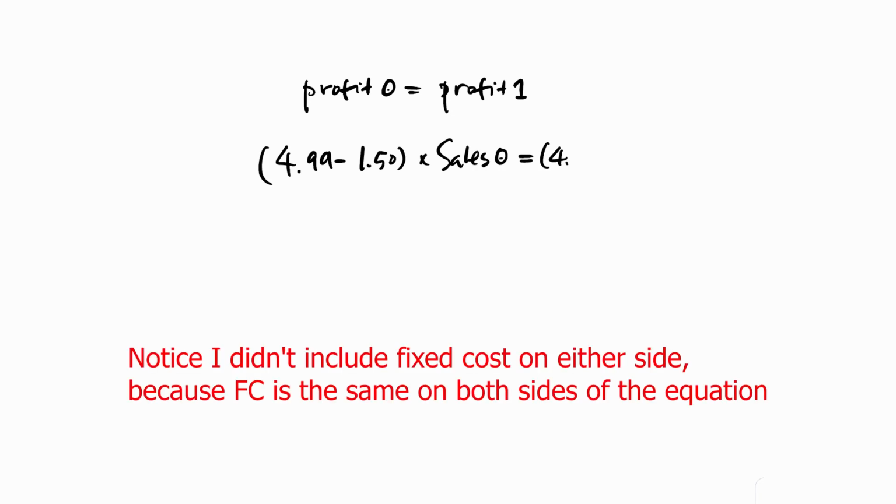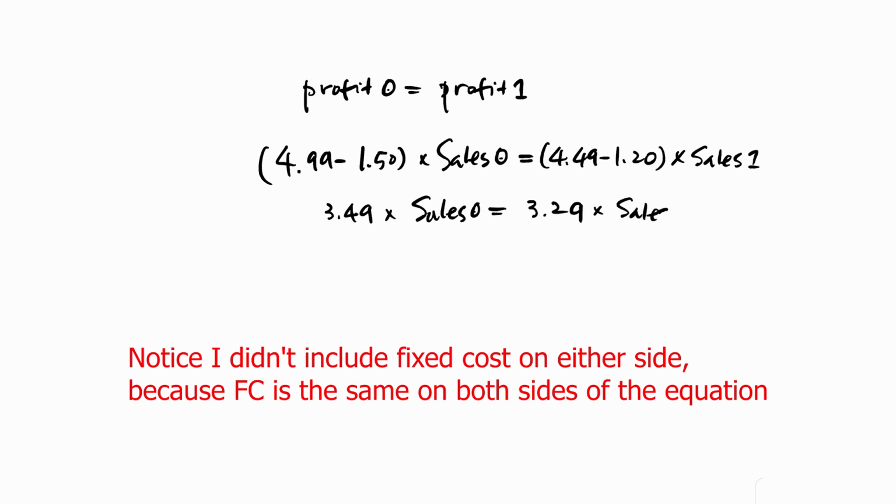The calculation is very similar to the previous example we have. So profit 0 equals profit 1. And then we go ahead to specify the profit before and after the price change. In this case, with variable cost change as well. And the rest of the calculations are relatively straightforward. So just lay out the profit margins times the sales.